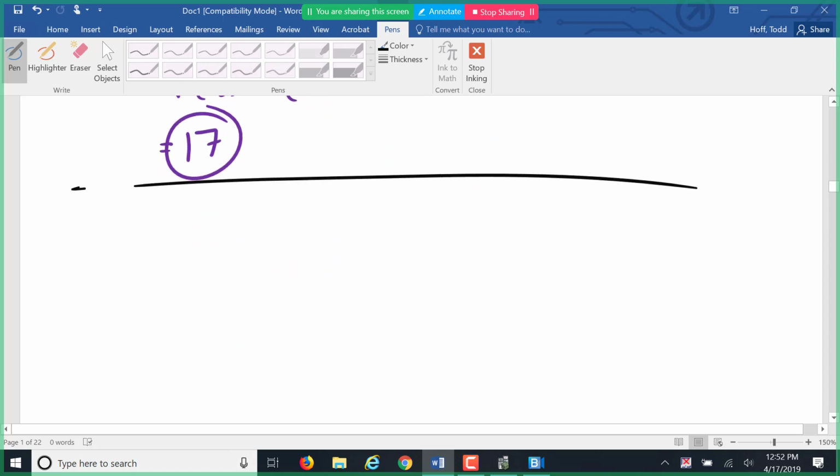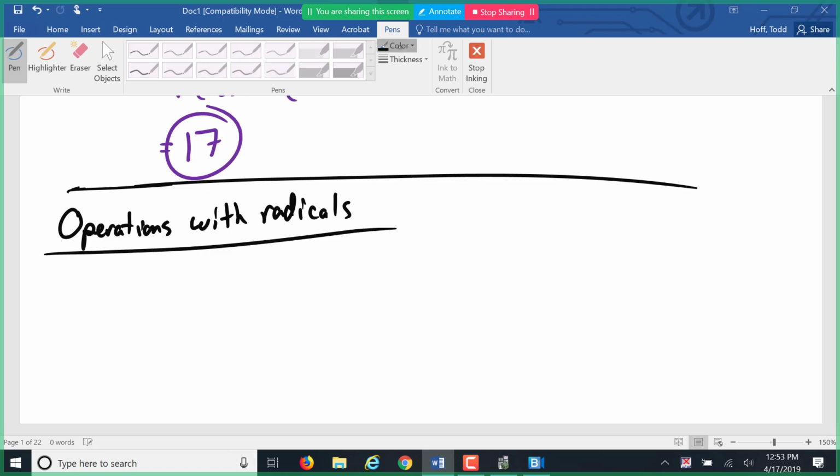Let's dive back into the symbols and radicals. Let's look at operations with these radicals. So first of all, these radicals can be combined to make numbers in many different forms.